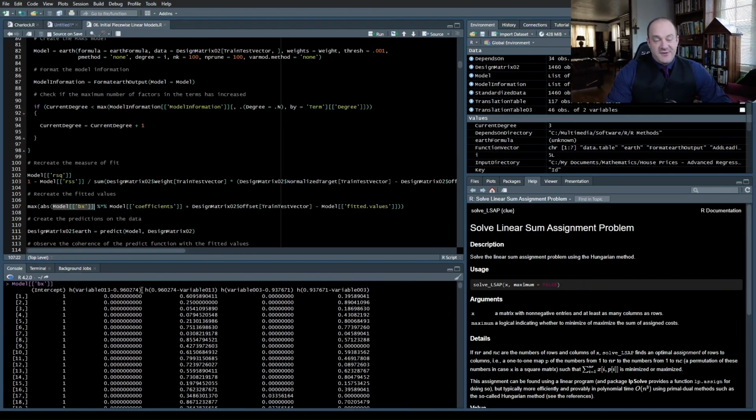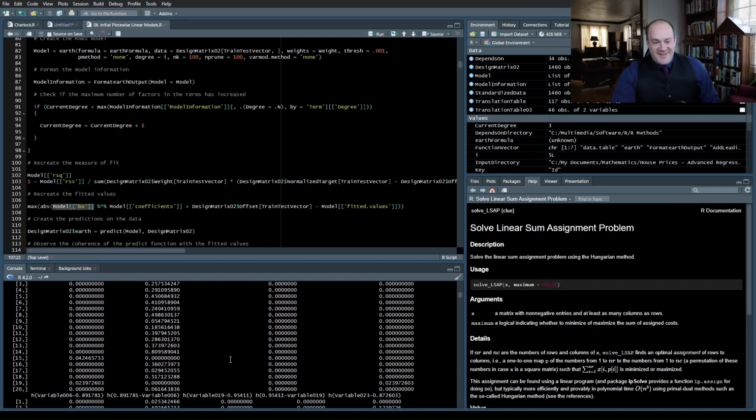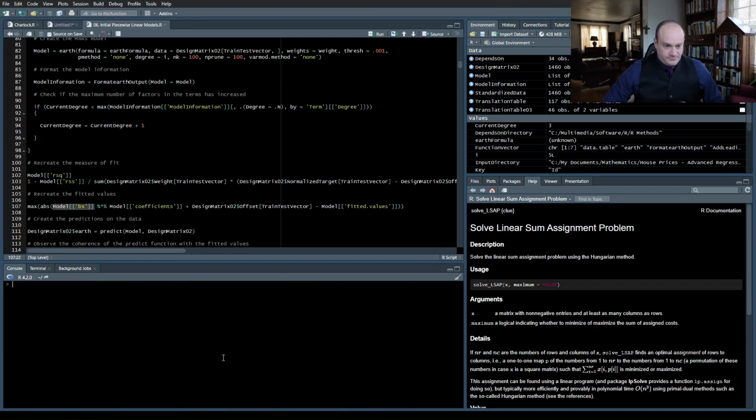So those are the terms it created. H stands for hinge, the way Friedman thought about these functions. He thought of them as hinge functions. The reason why is because if you graph max x and 0, it goes whoop, whoop, like that, or min. Whoop, whoop. He thought of that as a hinge. So H for hinge, that's why that's in there.